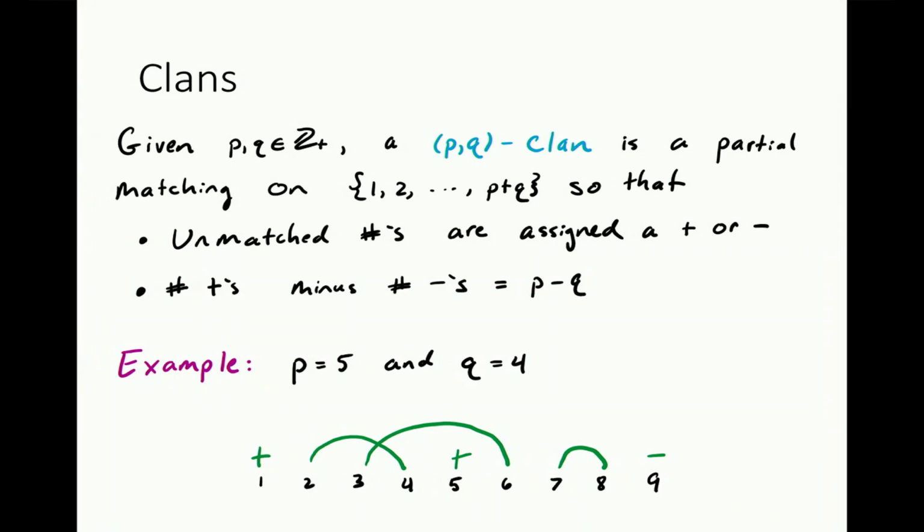With matchings it's convenient to draw arcs, saying 2 is matched with 4, and that's what this visual representation is doing. Then I put the signs that go with the unmatched numbers.